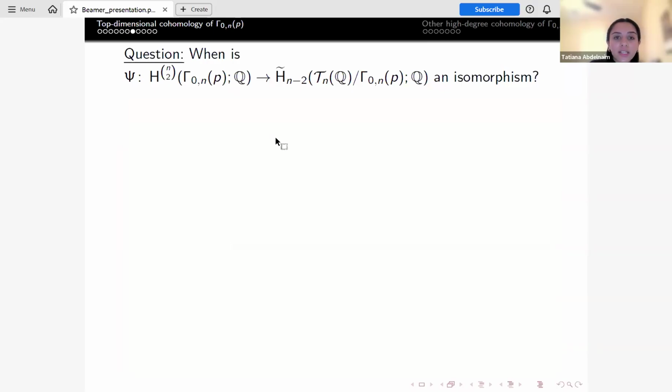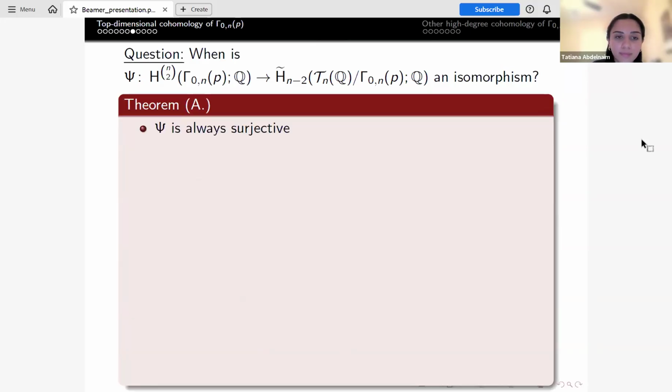So now we fully understand this right object here, and now the question is, when is the map psi an isomorphism? It turns out we have the following. This is the main theorem. Psi is always surjective, though it's very clear that it's surjective for n at least 3, but it's also surjective for n equals 2.